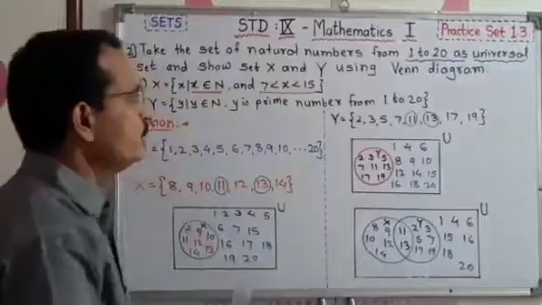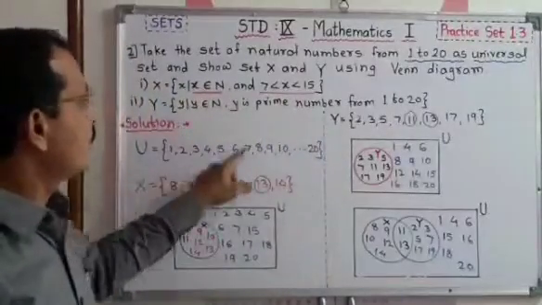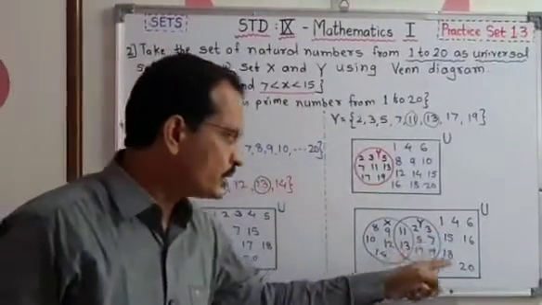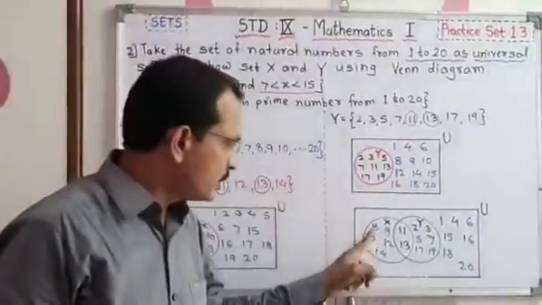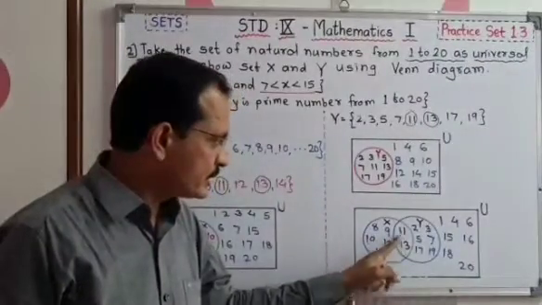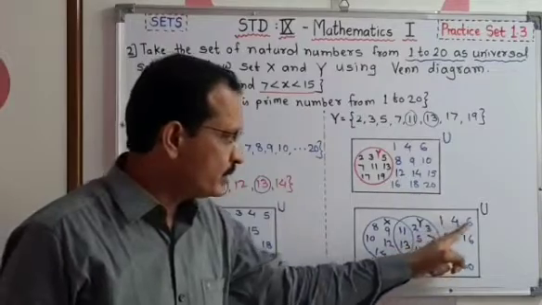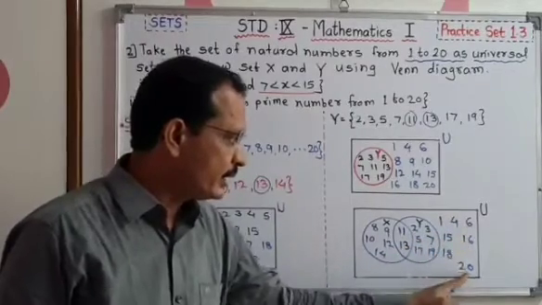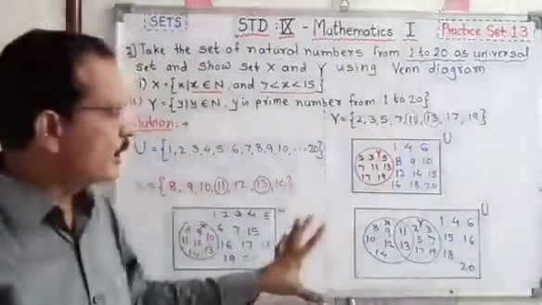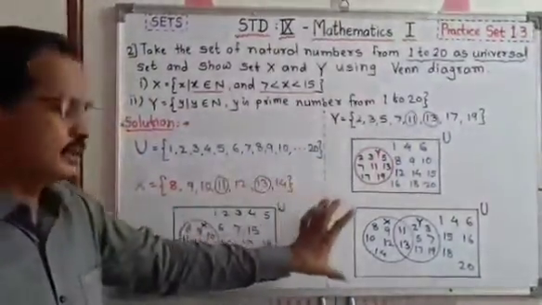Yes student, in the universal set there are 20 elements. Count all these 20 elements: 1, 2, 3, 4, 5, 6, 7, 8, 9, 10, 11, 12, 13, 14, 15, 16, 17, 18, 19 and 20. That means all the elements are correctly written in this set.